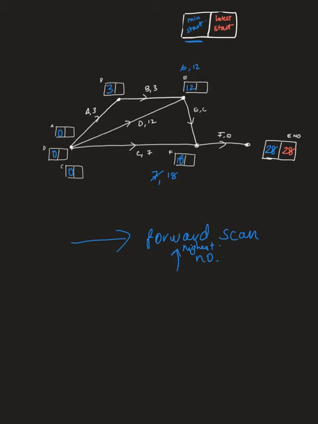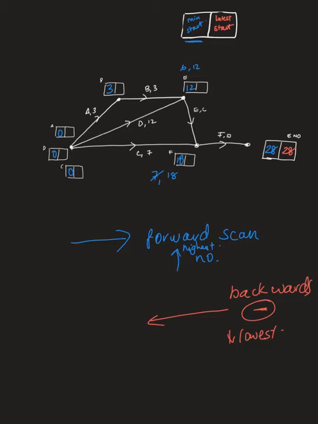Now going backwards, doing our backward scan, we minus, and if we have a choice, we're looking for the lowest number to go back into the vertex. That only comes out in certain situations where you've got more than one coming into a vertex, but we'll look at that as we come to it.